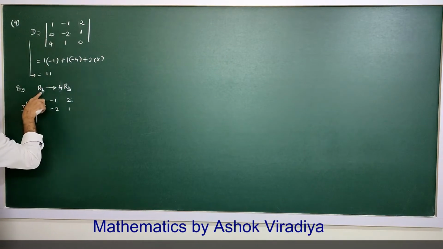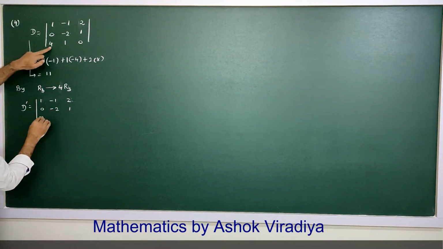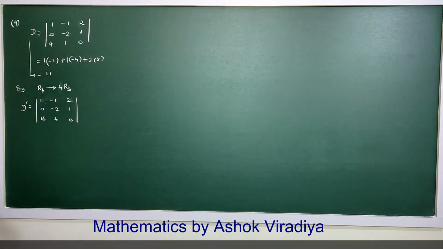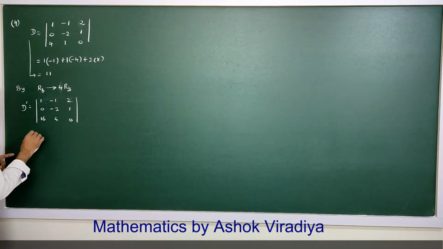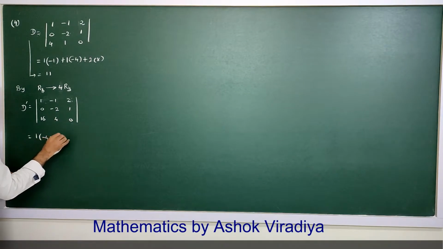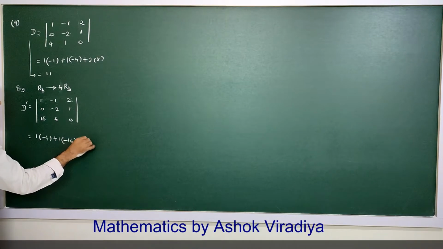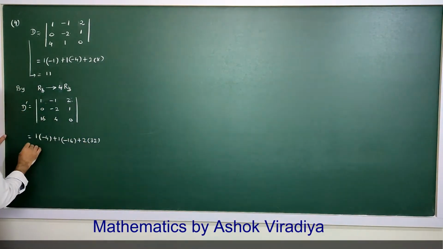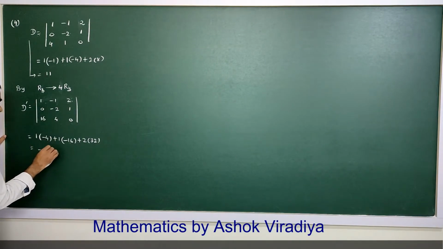The elements of the third row I am multiplying by 4, so this will be 16 4 0. And now we calculate this value. This is equal to 1 into 0 minus 4 plus 1 into 0 minus 16 plus 2 into 0 plus 32. So this is minus 20 plus 64. So this is 44.